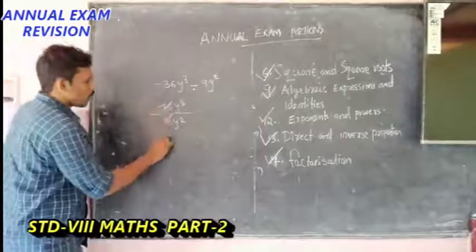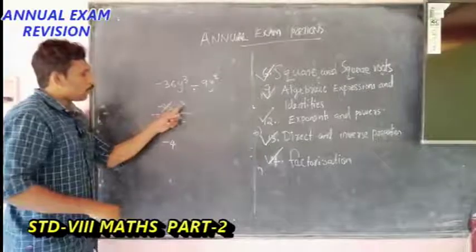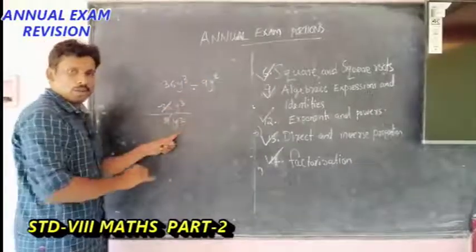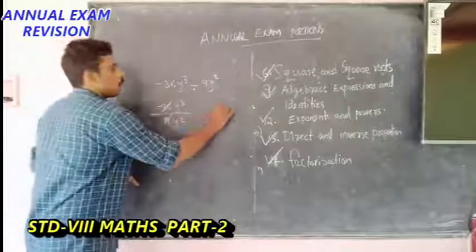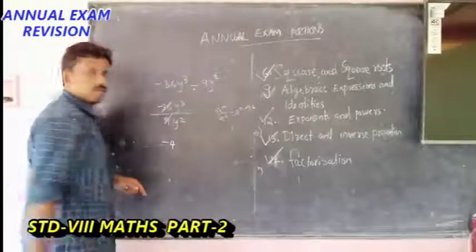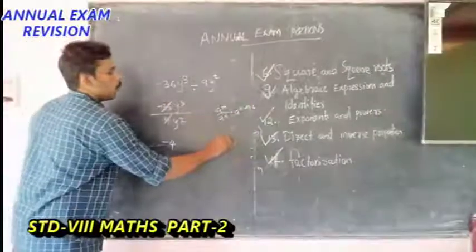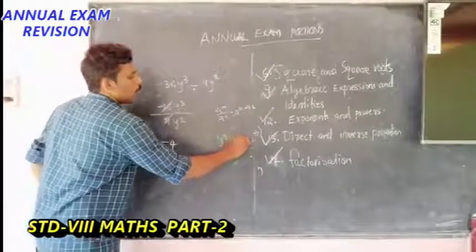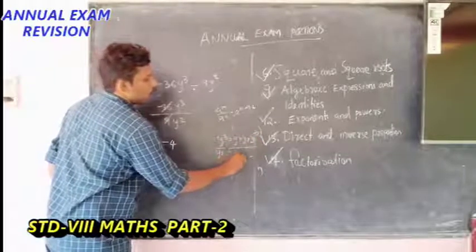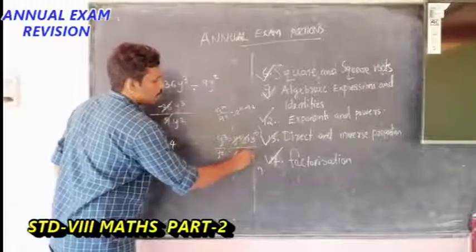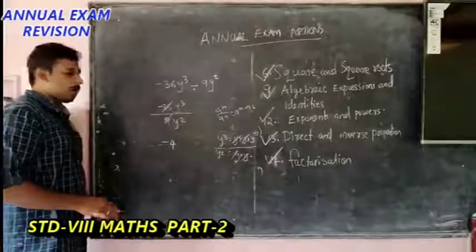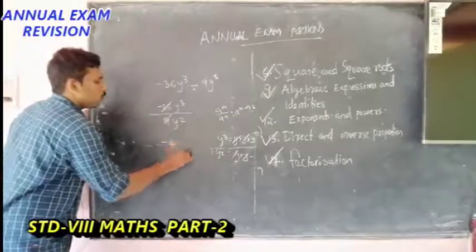There is a minus, so minus 4. Then y cube divided by y square. We know a raised to m divided by a raised to n is a raised to m minus n. Or y cube means y into y into y, divided by y square, which is y into y. Y's cancel, remaining only one y, that means 3 minus 2. So the answer is minus 4y.